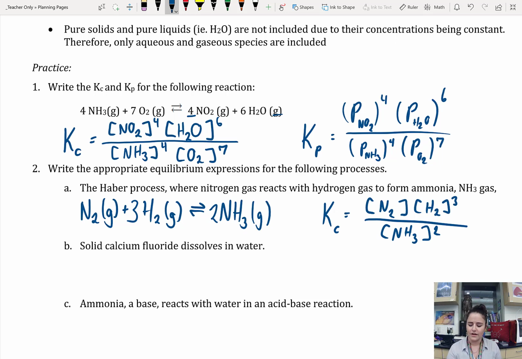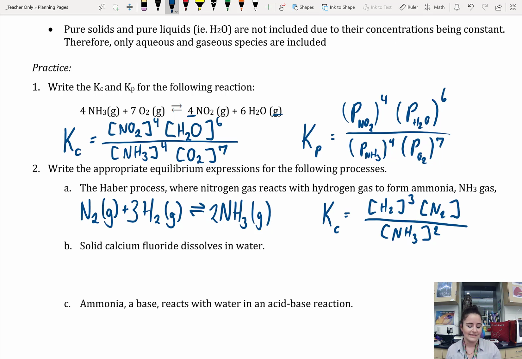Also, just to point out, on the top, it doesn't matter if you have N2 times H2 to the third, or if you were to switch it and have H2 to the third times N2. 2 times 4 is the same as 4 times 2. So those orders don't matter.